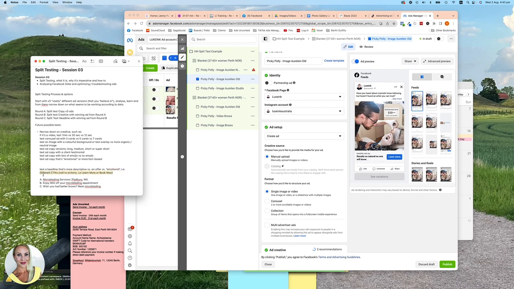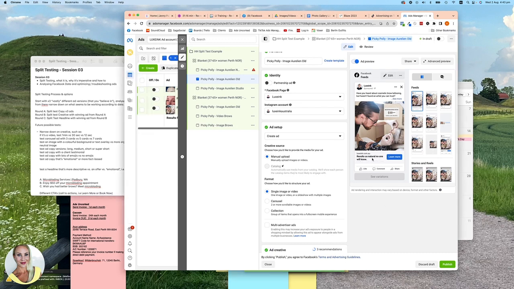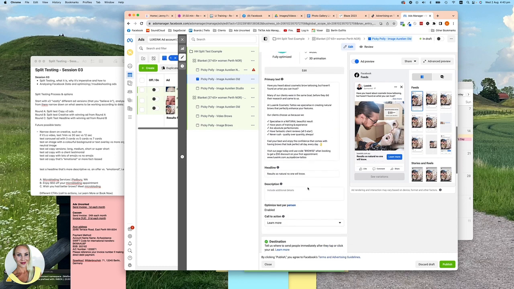I'm gonna put that there. So this one is a little bit more emotional based, but one thing that stands out to me with this headline here is if people don't really read this or understand what's going on here, the result is quite vague. They might not understand. It's not super descriptive of what the service is.